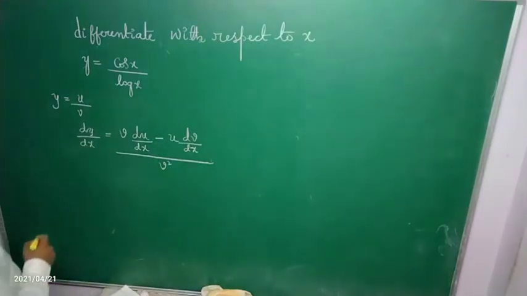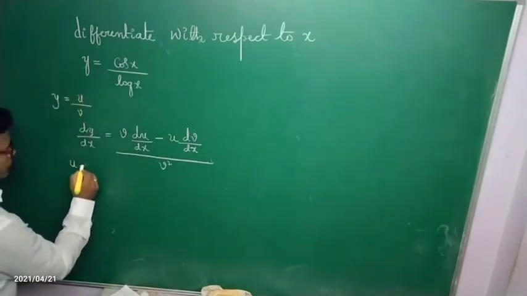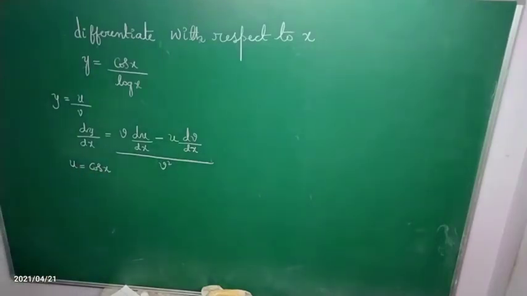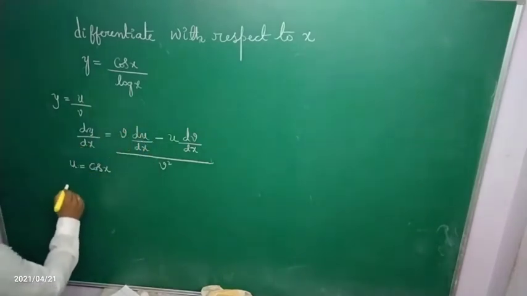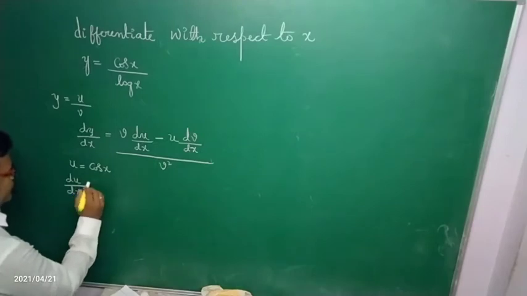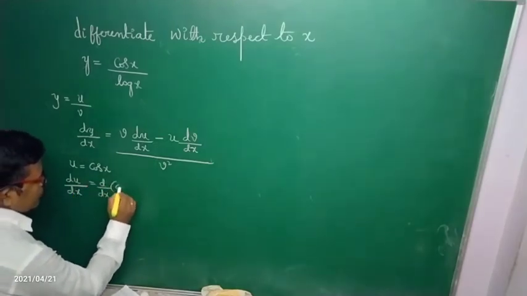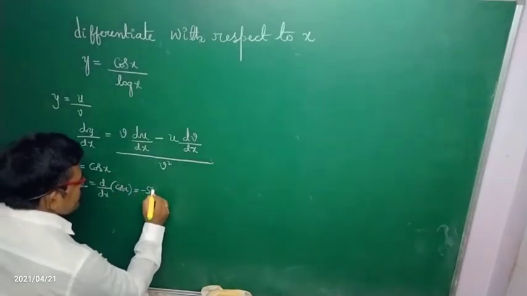Okay. Now given u equal to cos x, we have to find du by dx. So du by dx is d by dx of cos x, that is minus sin x.